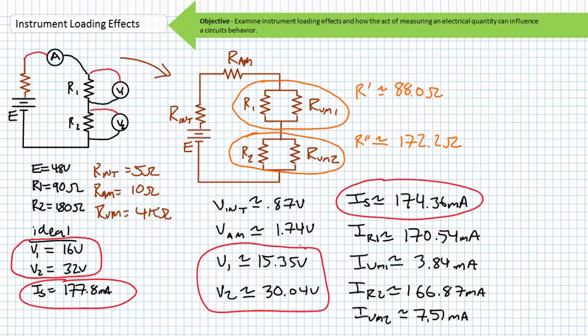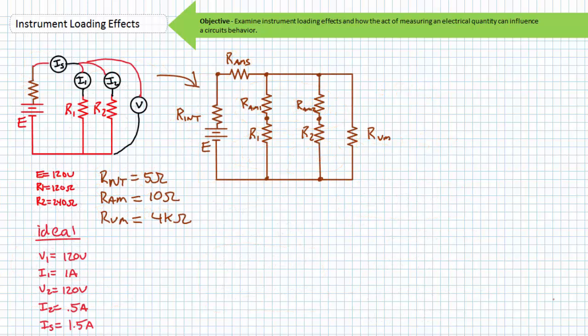The differential between the ideal and true observed values can be explained using instrument loading effects in your previously obtained electrical circuit analysis skills. Our second circuit incorporating non-ideal instruments and sources can be visualized as such.